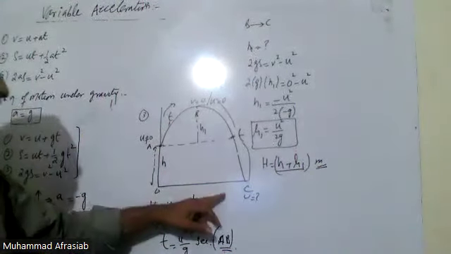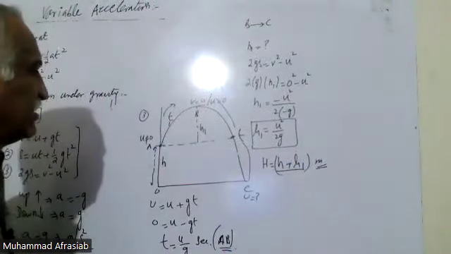Now from B to C, the height is h + h1 and the time is t.